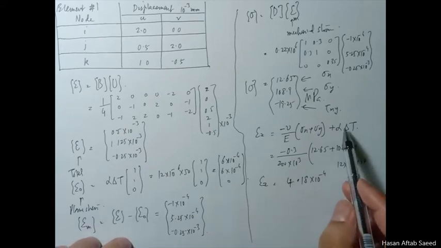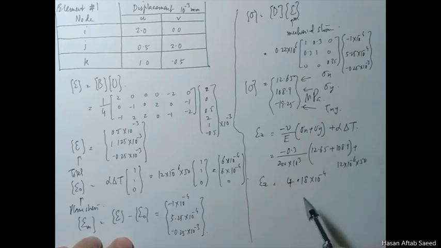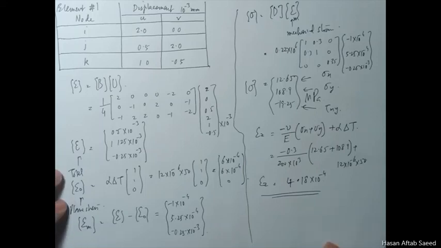So this includes the effect of the thermal strain. If you just want the mechanical strain in that direction, what should that be? I leave that for you to consider. So this is the end of our question, and that is the end of this session too. Thank you very much.